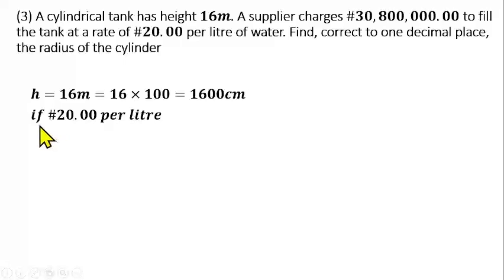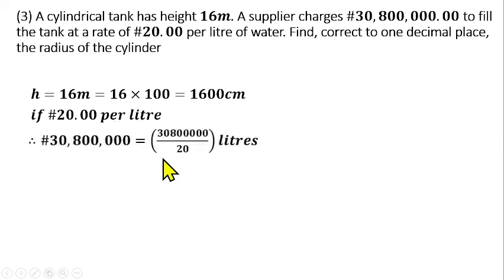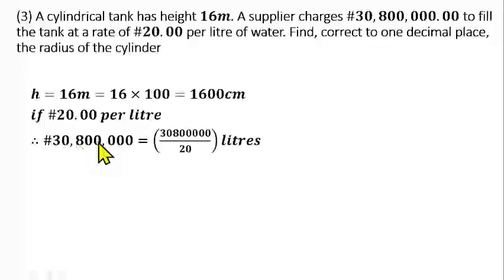Then also, the rate to fill the tank is 20 naira per liter of water, and we are given that the supplier charges this amount to fill the tank, so we can know how many liters we have in the tank. The 30,800,000 naira divided by the amount per liter will give us the number of liters.